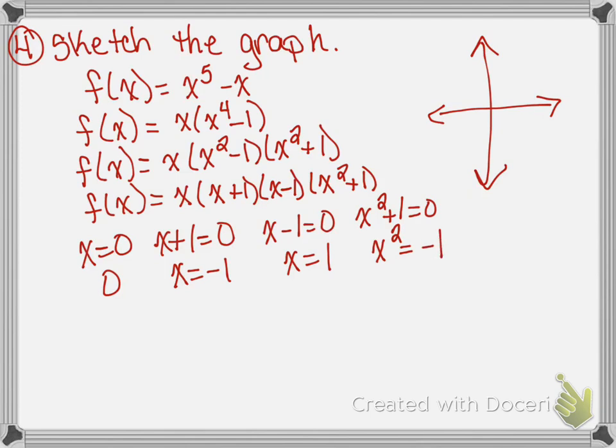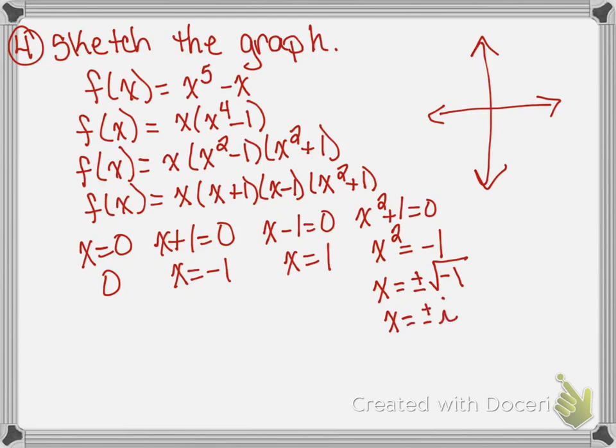Okay, so that gives us the first hint that we are dealing with a complex number here. So now we're going to take the square root of both sides. I'm going to have x equals plus or minus the square root of negative 1. And we know that the square root of negative 1 is i. So we have plus or minus i.